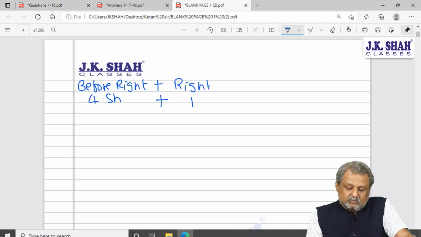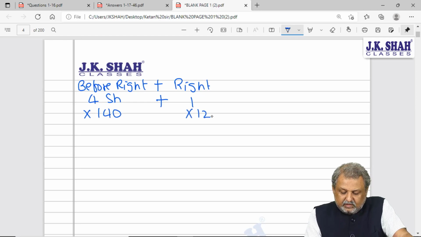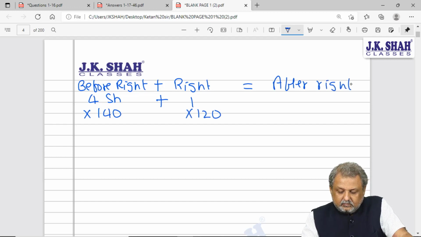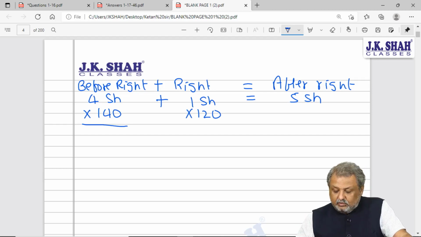So, cum-right means before right, 140. They are offering at 120. So, after rights, you will have totally 5 shares. What will be the cost? Tell me. 4 into 140.